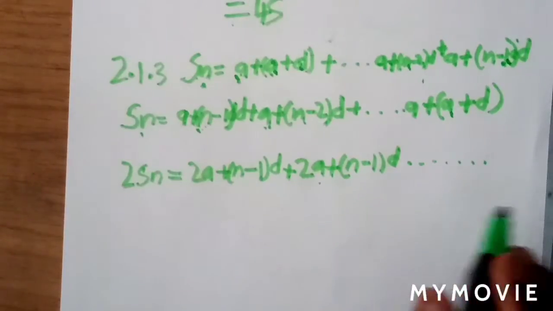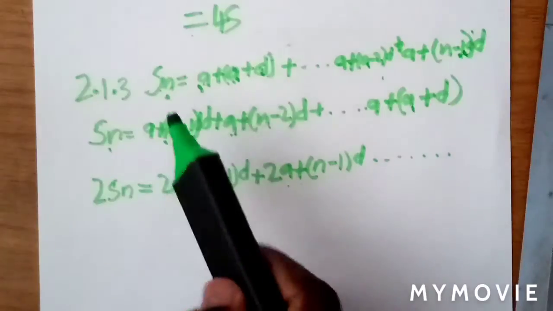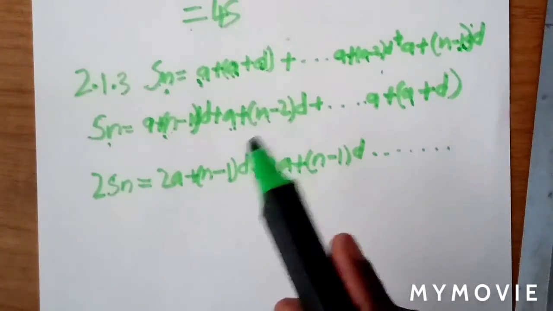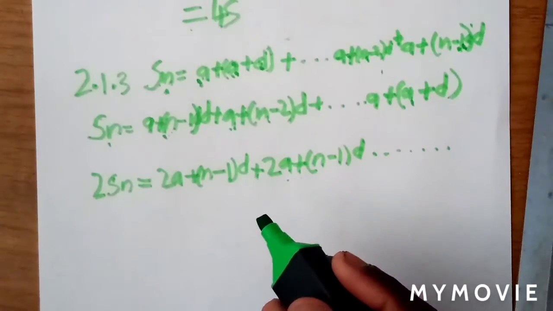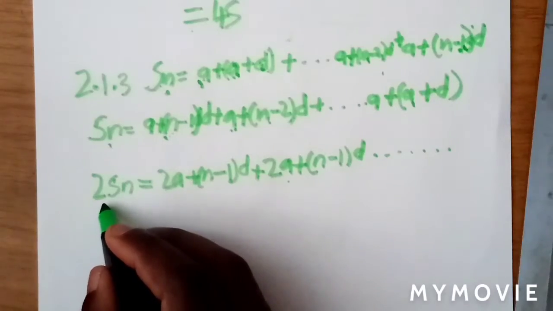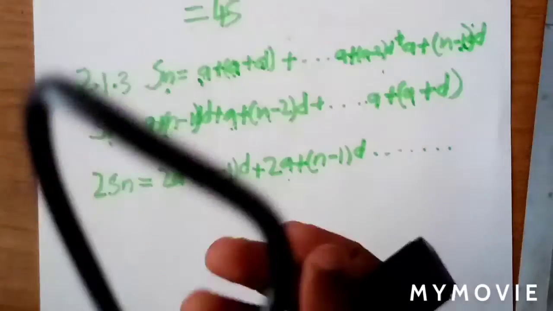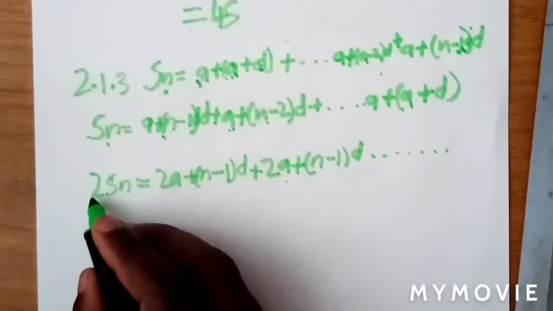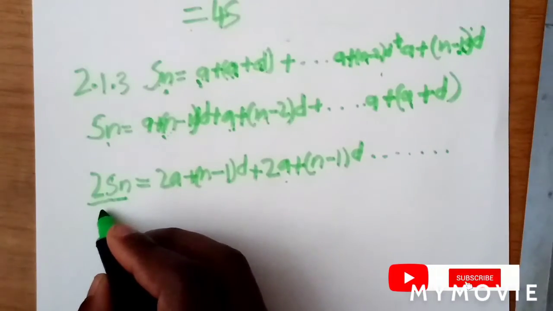Okay, this is your step 3. They all give you 2a plus n minus 1 into d. Okay, the next thing we must do, we divide all this by 2.